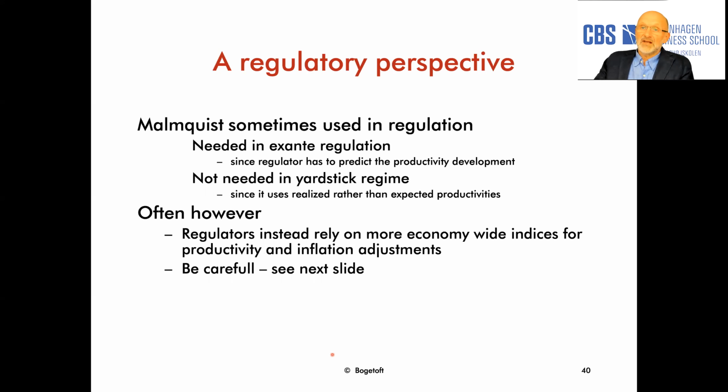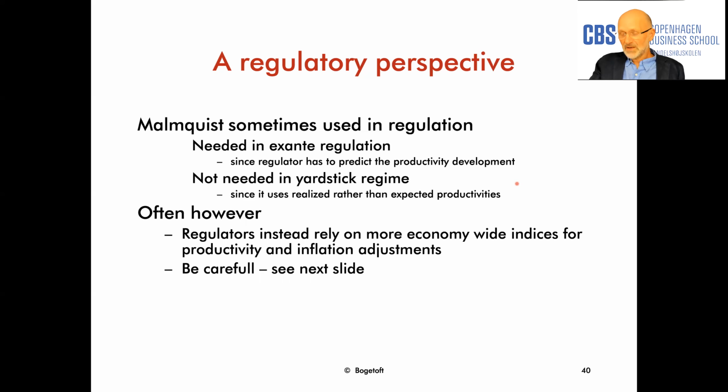I also want to mention that if you move to a regulatory scheme like the yardstick scheme, where you make a contract which is not fixing the price development in the next 5 years, but you say, okay, we make a contract and then we'll see next year what is a reasonable price, and the next year what is a reasonable price. If you take more of a yardstick approach, then you don't need to speculate so much about how the frontier is shifting, because you're going to observe how it actually did change. So in that case, you don't need the frontier shift information if you just change the contract form.